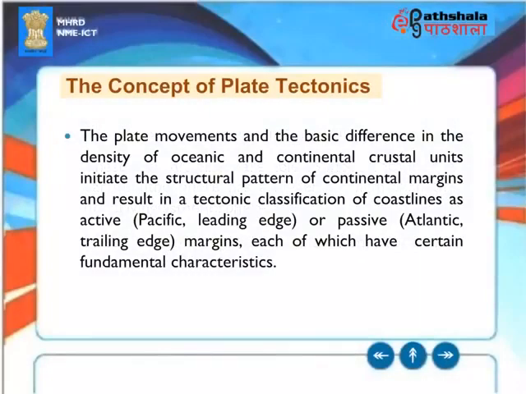The plate movements and the basic difference in the density of oceanic and continental crustal units initiate the structural pattern of continental margins and result in a tectonic classification of coastlines as active, Pacific, leading edge, or passive, Atlantic, trailing edge margins, each of which have certain fundamental characteristics.